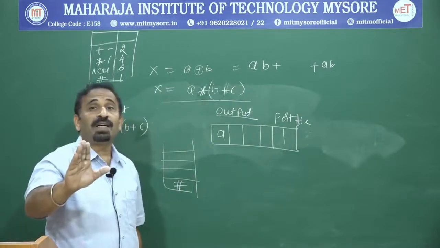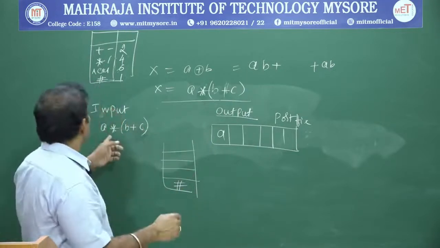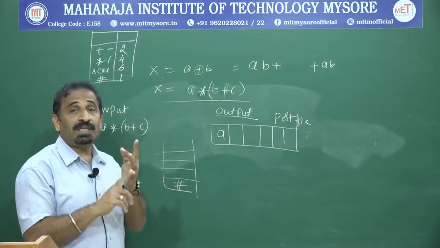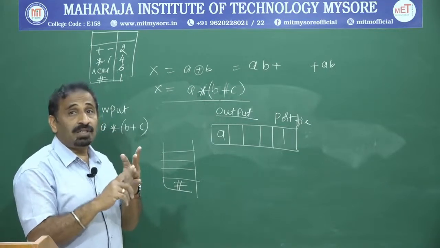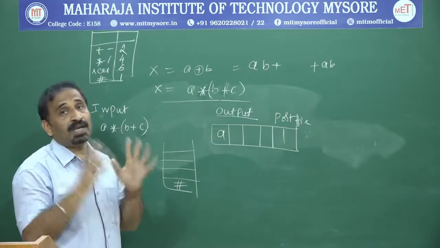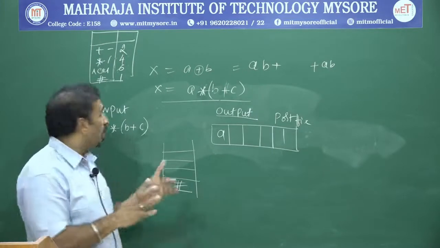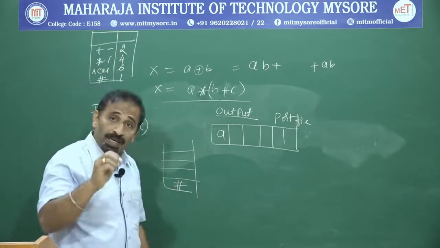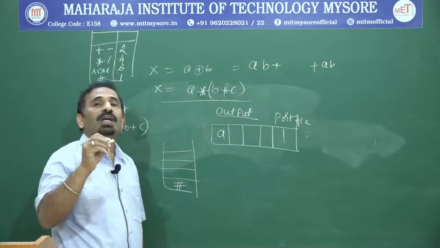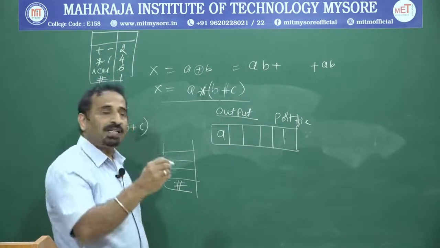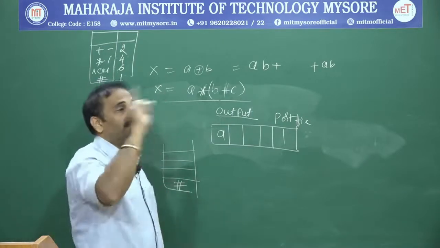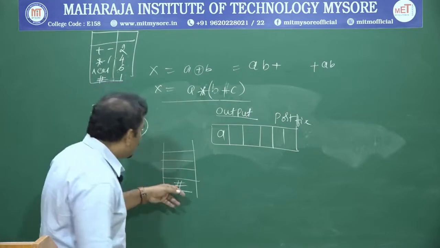Whenever you get an operator, may be plus, minus, star, division, exponential, brackets, only 5 types, now you have to look at the precedence of the stack top. What is there in the stack top?